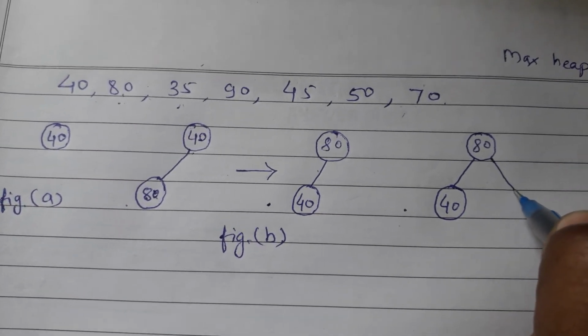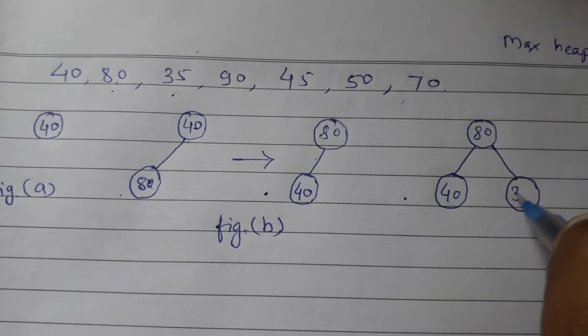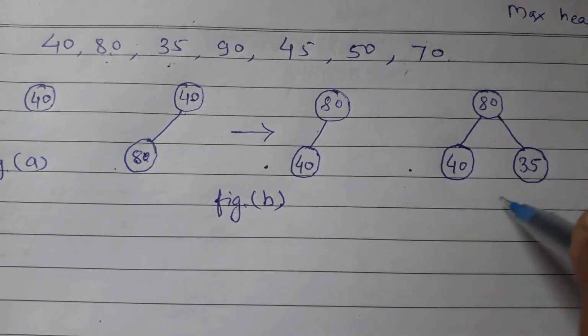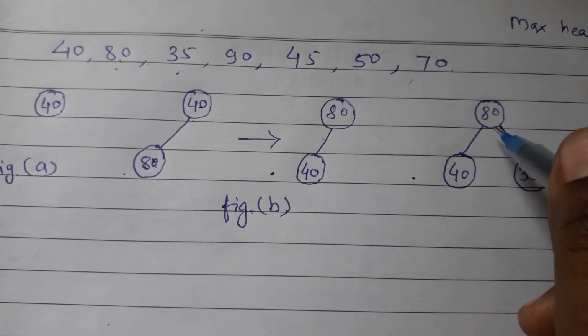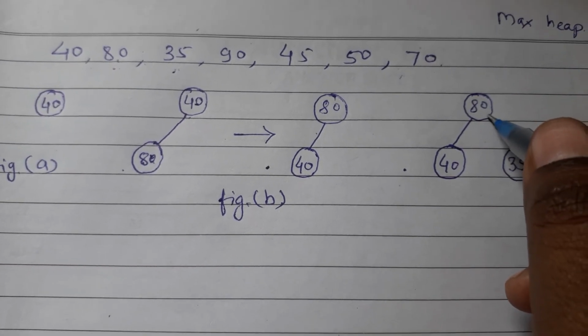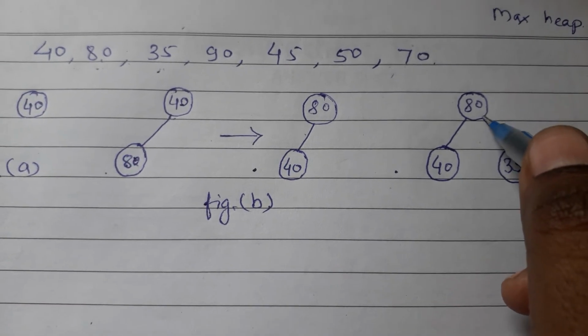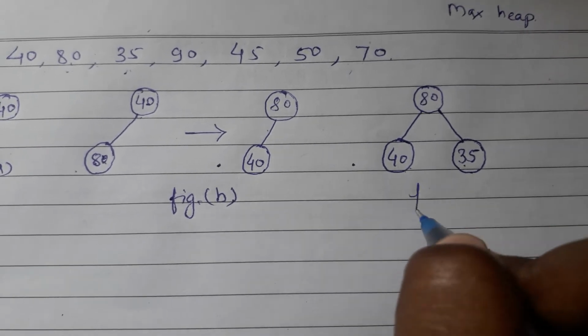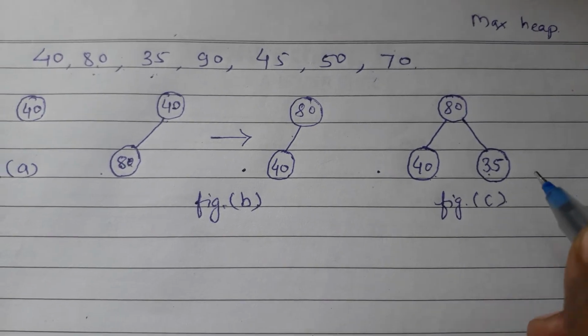Now we add one more child of 80, that is 35. Now check whether it is a max heap or not. Here the root node, or parent node, is 80 and it is greater than its children. So this will be a max heap. This is figure C.